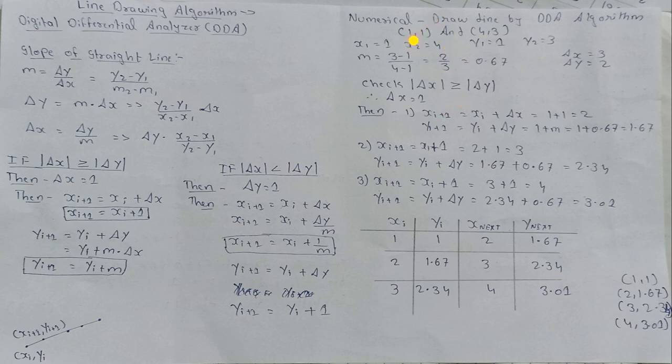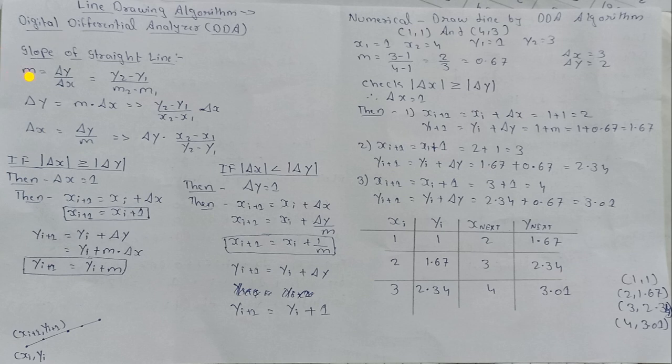As I told you, the first point xi comma yi is given first only, that is x1 and y1, x2 and y2. You can put x1 equal to 1, x2 equal to 4, y1 equal to 1, and y2 equal to 3.